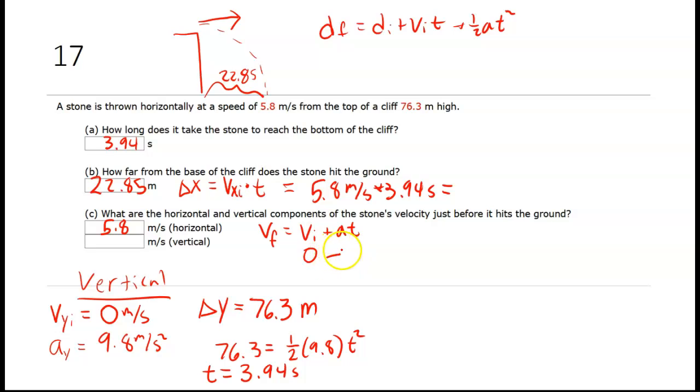So if you want to get it right, you would have to say negative 9.8 times 3.94 seconds. And so that would give us a downward velocity in this example of 38.612, wherever we want to stop there, meters per second.